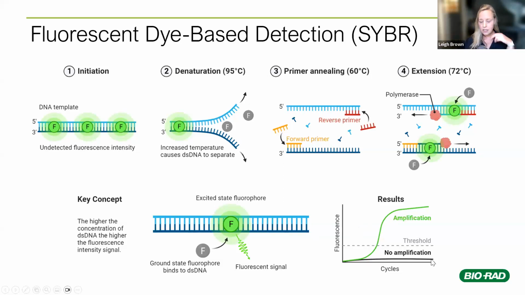This might be a control, where instead of a template you just have water, a no template control. There's not going to be any amplification because we don't have any double-stranded DNA in that sample. And in our target sample right here, we are amplifying over time, and so we see more fluorescence over time. Down here, we have fluorescence, but it might be below the threshold of what the machine can see.